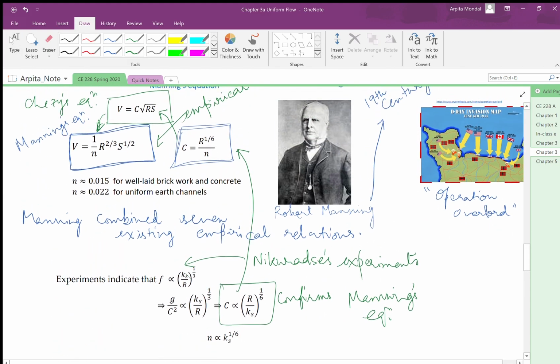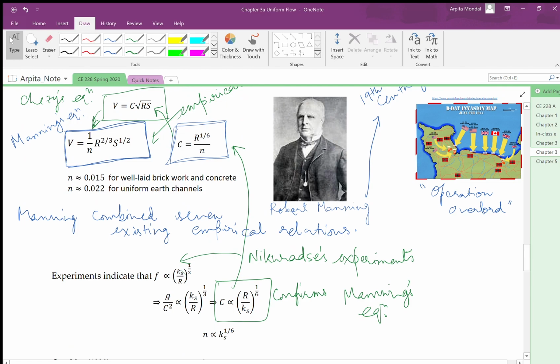So eventually truth was established via experimental observations also, and these experimental observations also show that Manning's n is roughly proportional to the roughness. If you remember from the previous video, ks is the roughness height.